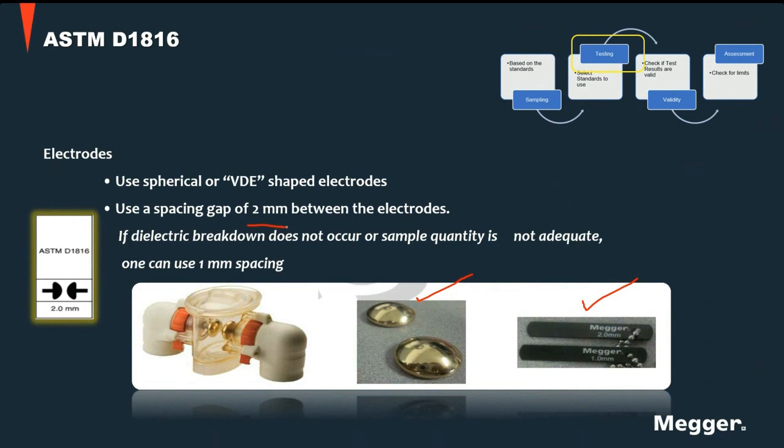To me, the D1816 is more strict when it comes to testing of oil, because it has a 1 millimeter gap. If you want to use that for newly delivered oil, then I suggest you use the D1816.